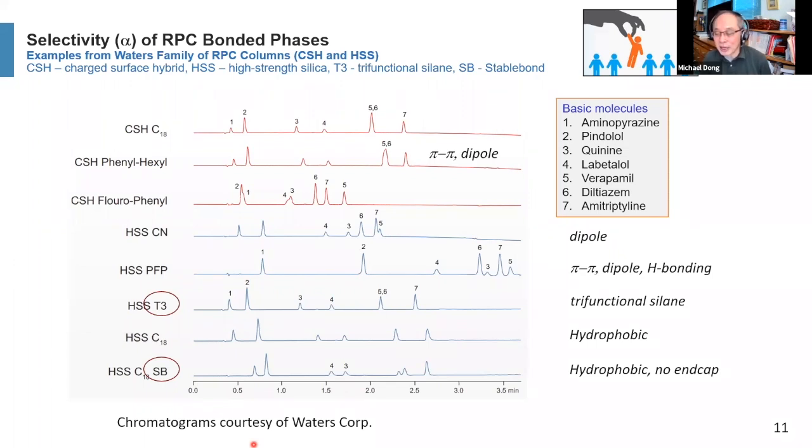They are using the same condition, same column, but the column is from a different batch of silica. If you don't have good quality control on the silica material, and the silica is not well made, then you don't have good reproducibility, which is required in QC.